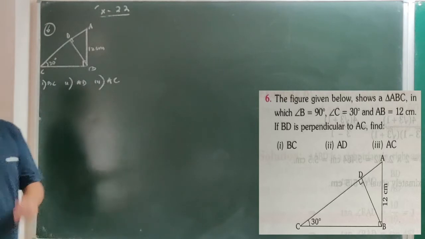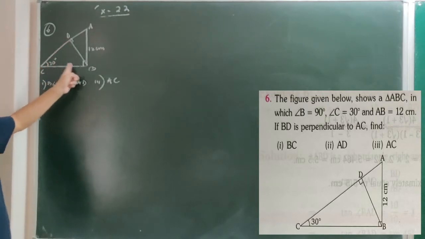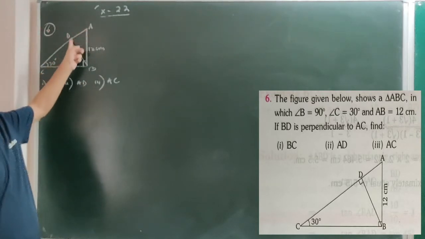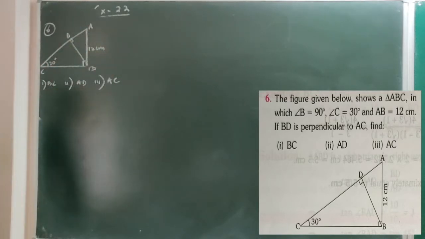So if I ask you how many triangles do you see, I think you will say there are altogether 3 triangles. One triangle is this, the second triangle is this one, and the third one is the big one. All 3 of them are right angle triangles.